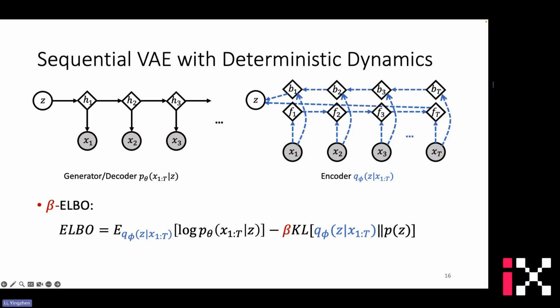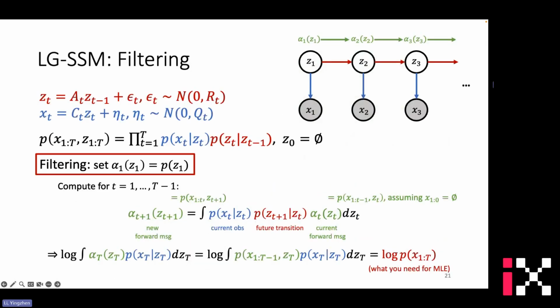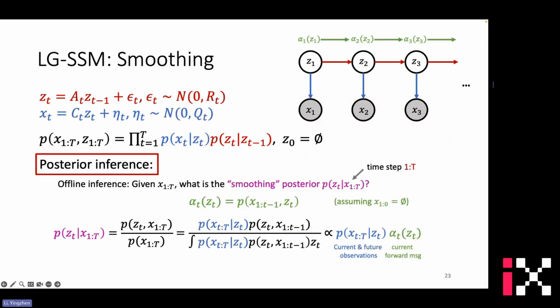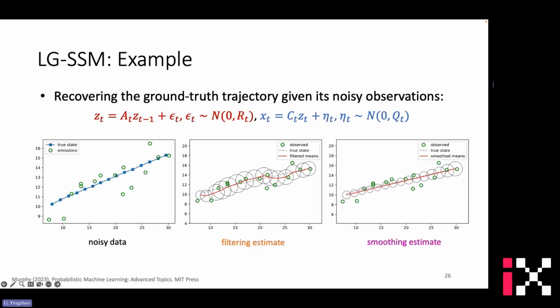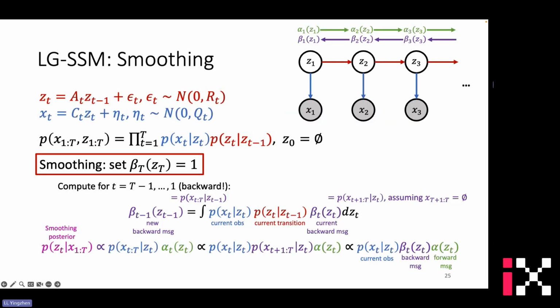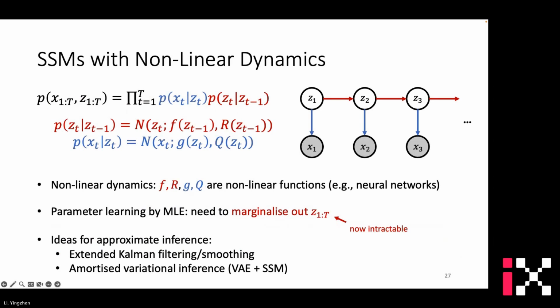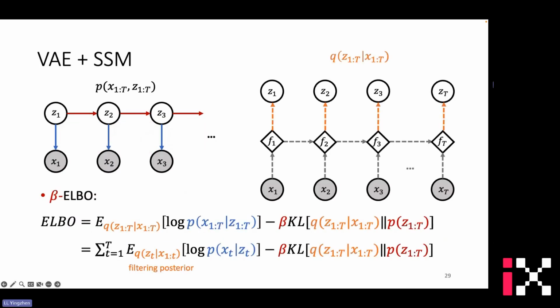But another thing I can mention is that this beta factor gets even more important in the stochastic case. The reason is the following. At test time, you want to roll out your prior model to do the forecasting.